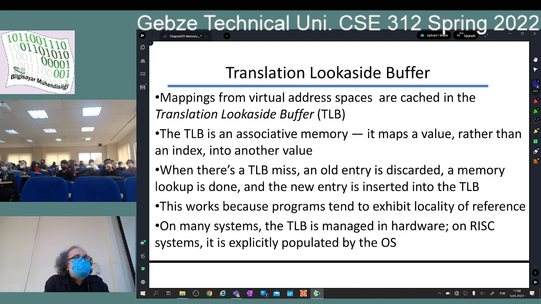What does the principle of locality say? It says that if you are executing an instruction and accessing some data in your memory, chances are that you are going to execute a nearby instruction and access nearby data in your memory.